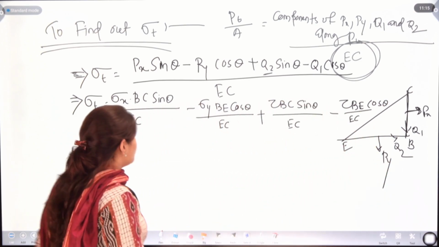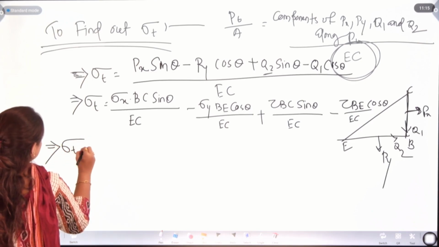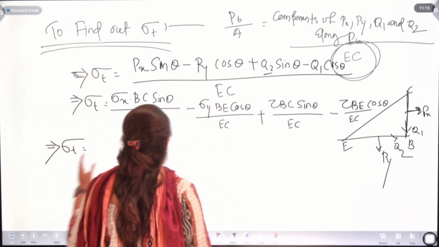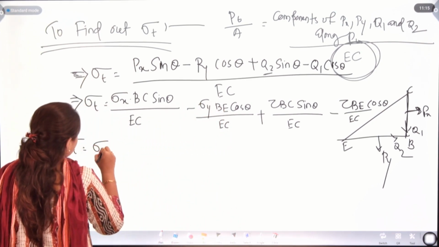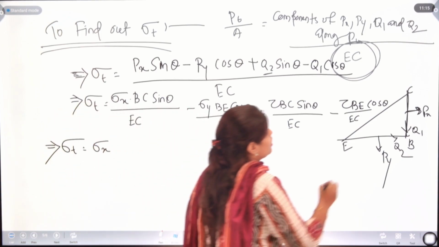Okay, so let's just solve by trigonometry. We have already solved these things, so I will write it only BC upon EC.